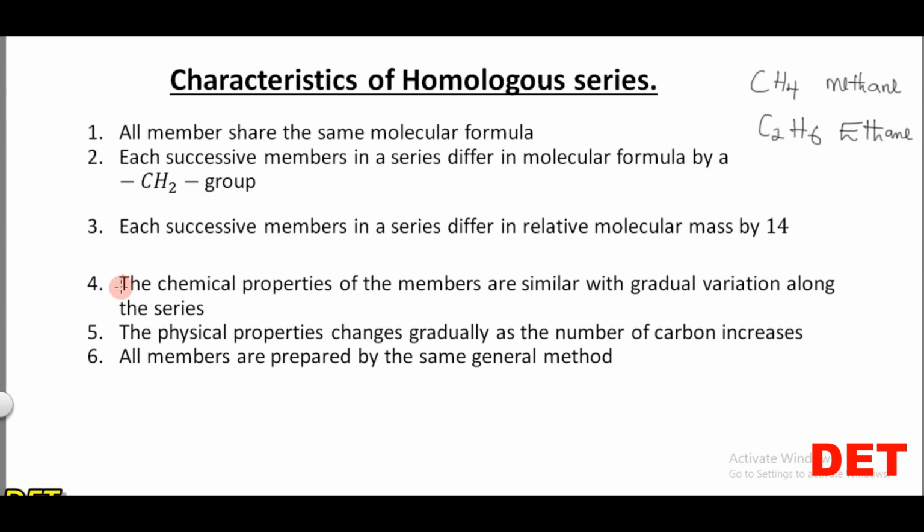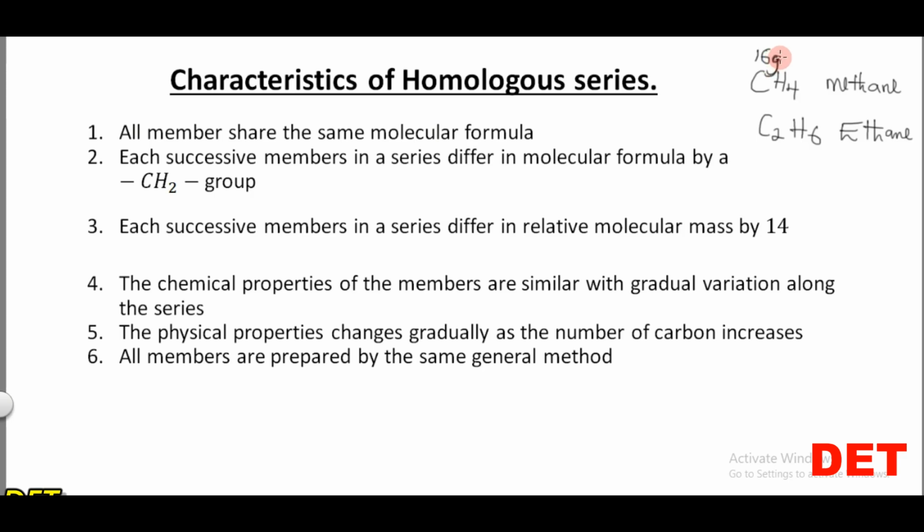So each successive member differs in molecular formula by a CH2 group. Then each successive member in a series differs in relative molecular mass by 14. The relative molecular mass of methane is 16.